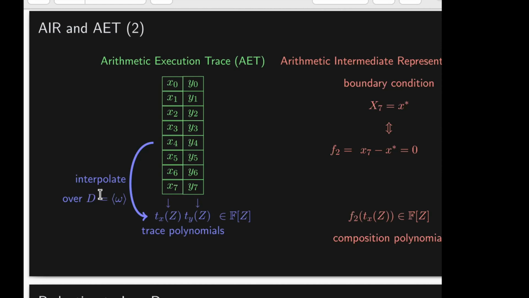This composition evaluates to zero in all points that satisfy the boundary condition. And so we're going to verify that it does evaluate to zero in the one point that we're interested in, which is the 7th iteration, because that's what the claim said. We're looking at the value of the x-coordinate in the 7th iteration.